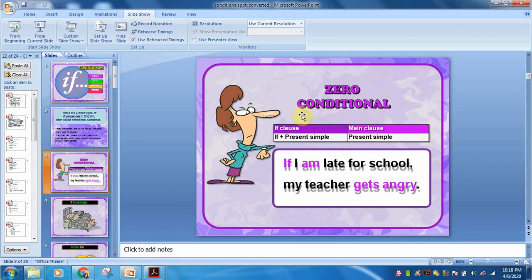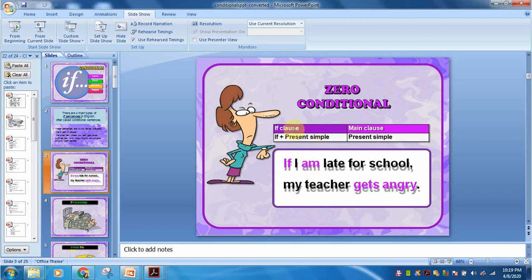So zero conditional, what kind of sentences will it have? It will have those kinds of sentences which are universal truths or facts. Like if you tease a dog, it barks, right? So this is a fact. If you tease somebody, he or she retaliates. So these are facts.